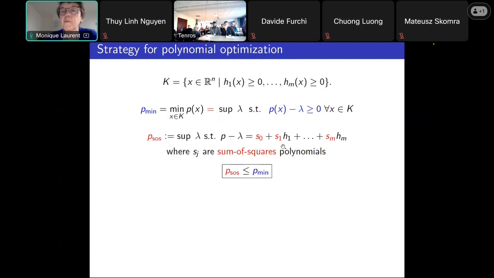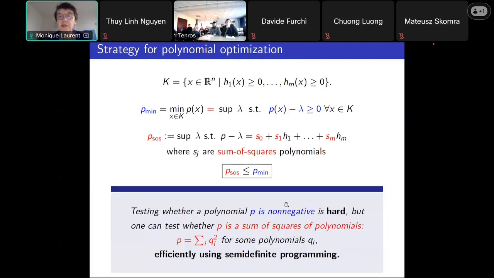So this is obviously a sufficient condition for non-negativity over K, because if we evaluate a sum of squares at the point X, we get a non-negative number. And if we evaluate one of the constraints at the point X in K, then we get a non-negative number. So in this way, we have a lower bound on the minimum that we call P source.